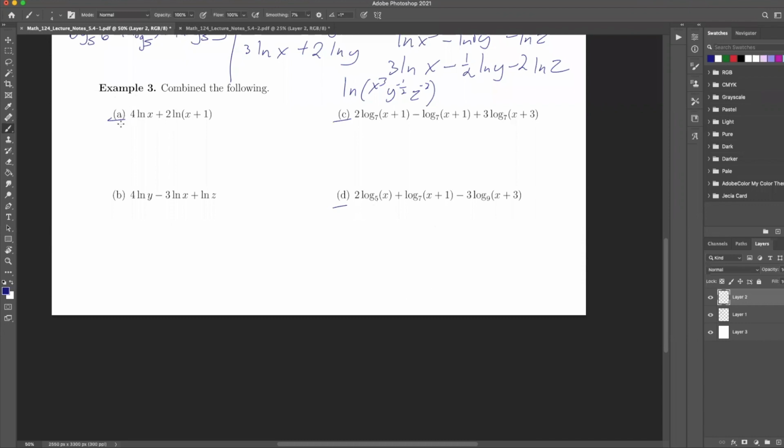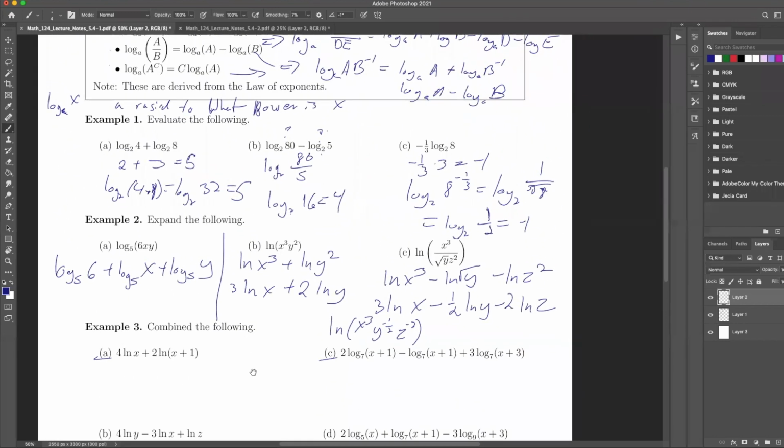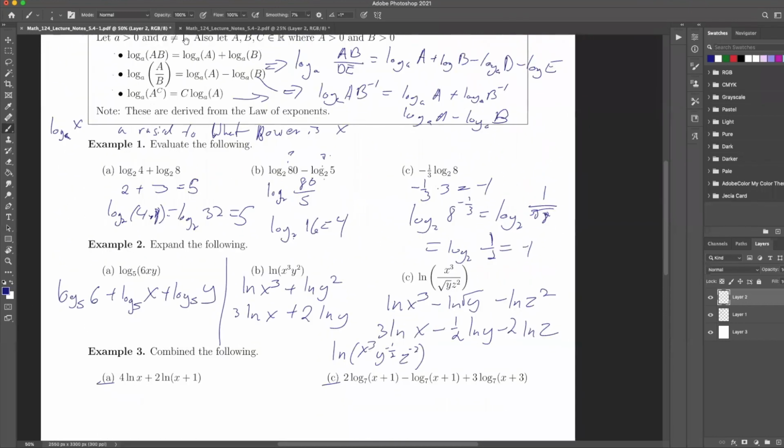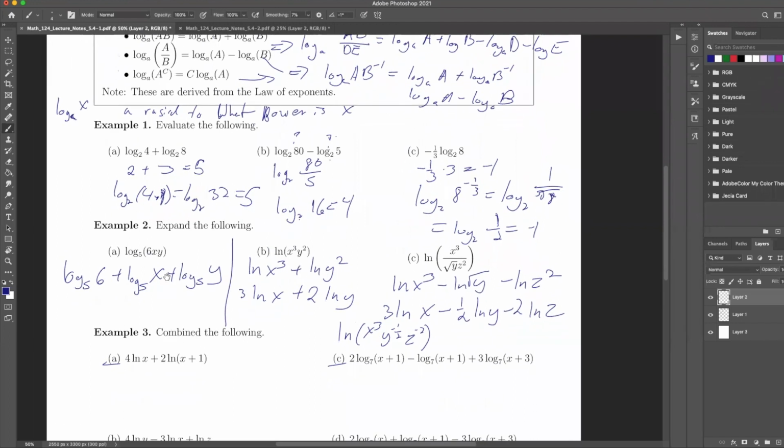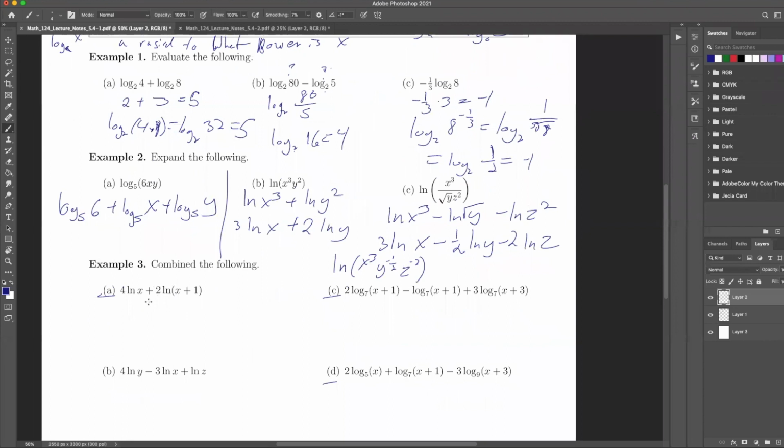All right, so here at A, I want to combine. And so basically, I'm going to be using these rules to make it into this. So I'm going this way. So here, I'm going to put the 4 in. And so when it says combine, I'm going to put the 4 into the x. So it'll be x to the 4th plus ln. I'm going to put the 2, make it an exponent now.